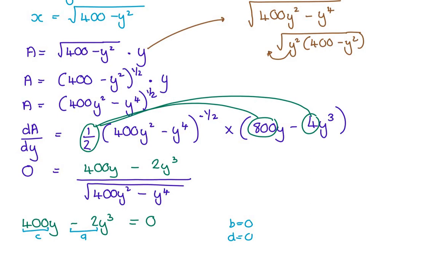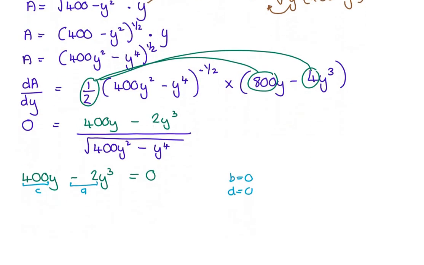400, 0, equals, and I get a couple of values, I could get 3, so let's check. If I round to 2 decimal places, I get 14.14 centimeters, and my other one is negative 14.14, and the other one is 0.